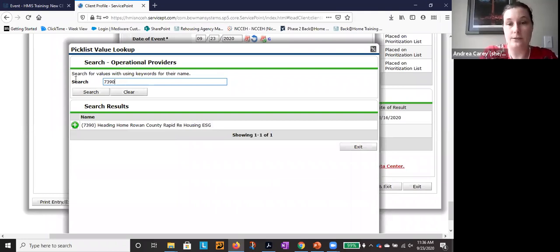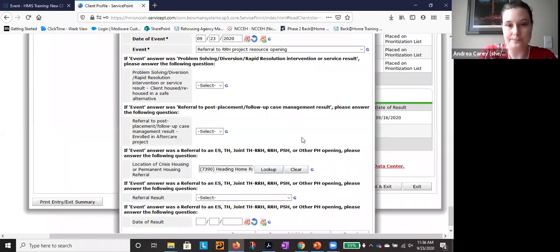And so that gives you a little bit of flexibility for how to search. We are currently working with WellSky to add some of our symbols back to this and get it formatted in a way that we usually look at our project names. But for right now, we can search by ID or name, and add those projects using our plus sign.